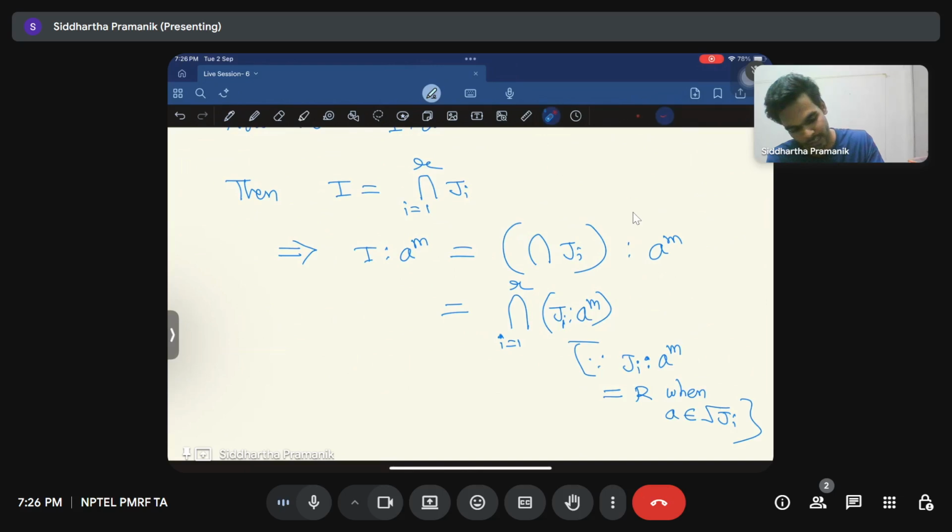So for some i, if this colon is R, then we can remove that term because that term is irredundant. So this intersection is the same as the intersection of Ji colon a power m over all those Ji such that a does not belong to the radical of Ji. You can prove this part as an exercise.